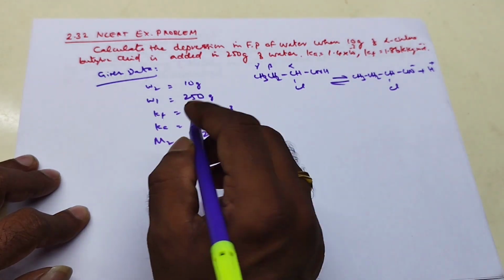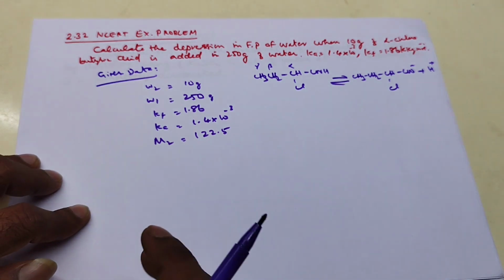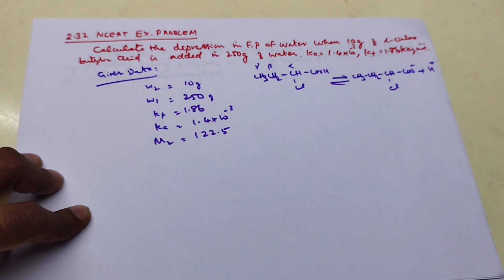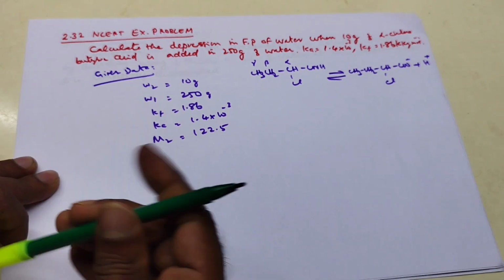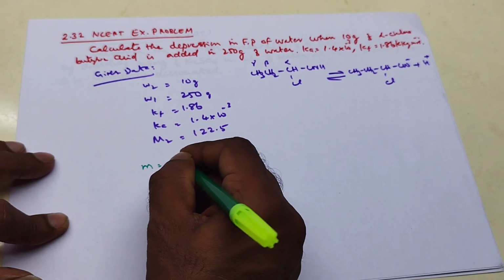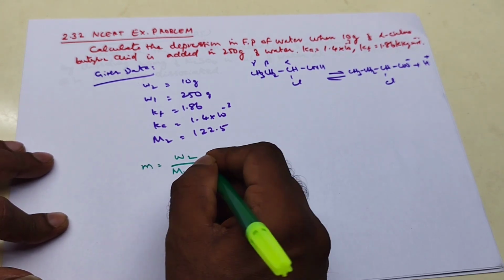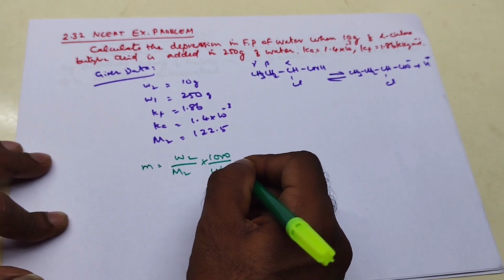So everything is given. First you want to find out the molality. What is the formula for molality? Smaller m is equal to W2 by M2 into 1000 divided by W1 grams.